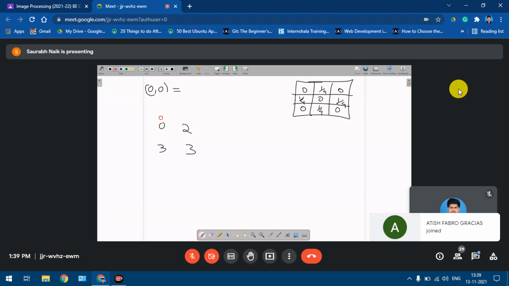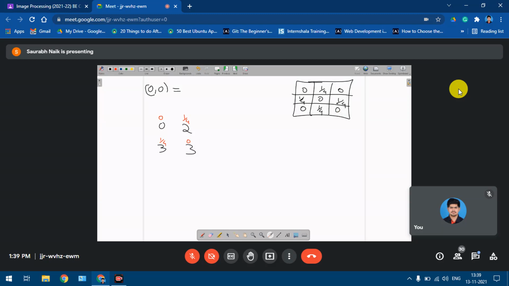Okay, so what I will get is 0 overlapping with 0, 1/4 overlapping with 2, 1/4 overlapping with 3, and 0 overlapping with 0. So this 0 of the convolution kernel here is actually this 0. This 1/4 here is actually this 1/4. This 1/4 here is actually this 1/4 here. And this 0 that I've written here is this one.